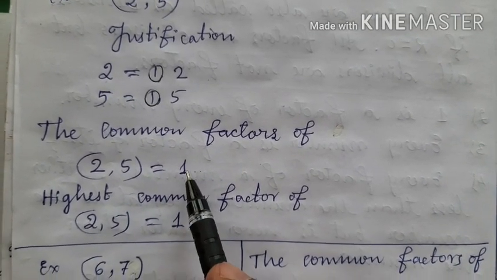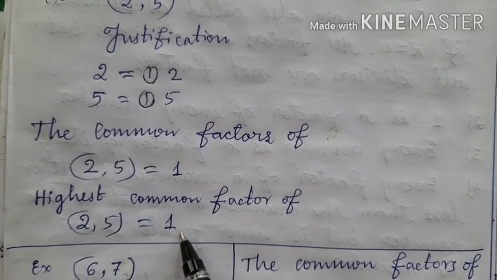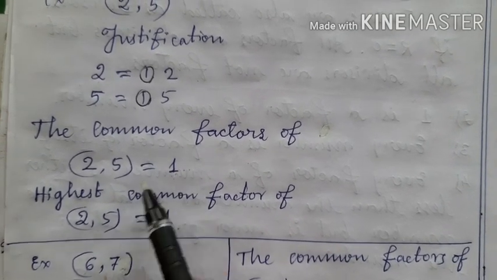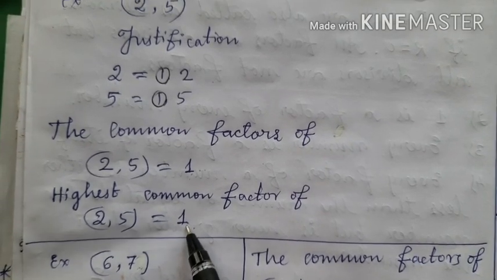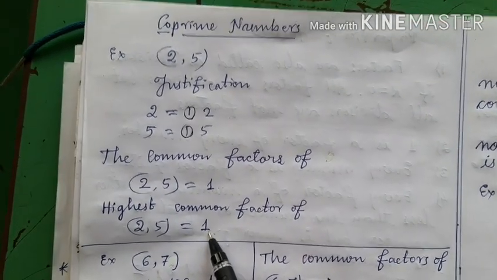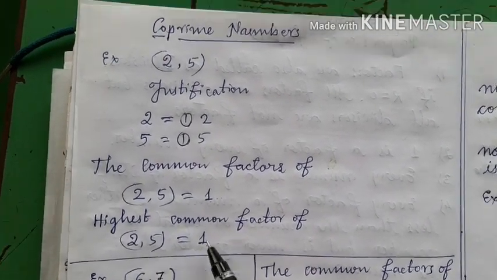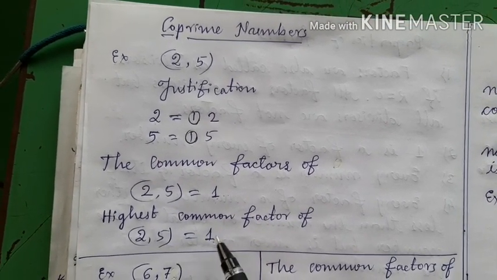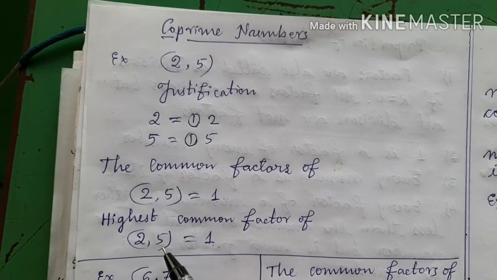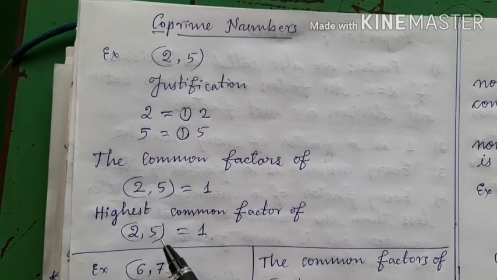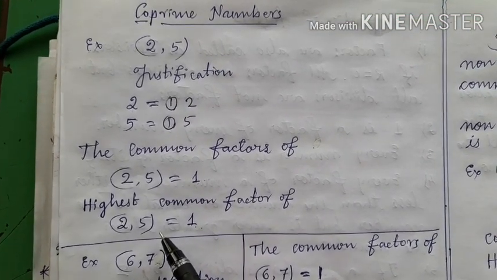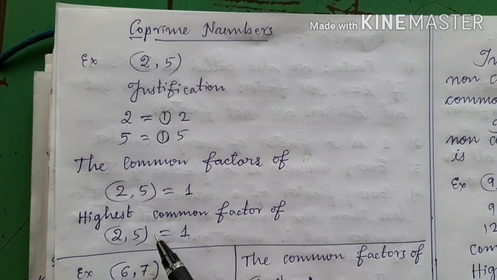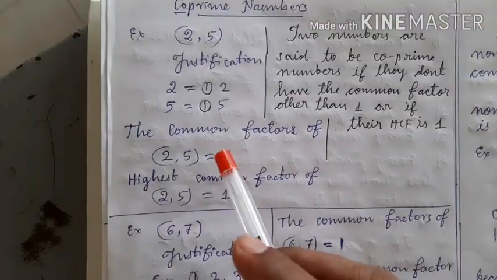The highest common factor of 2 and 5 is also 1. So we can also define co-prime numbers this way: if the highest common factor of two numbers is 1, then the numbers are said to be co-prime numbers. Otherwise they are said to be non-co-prime numbers.